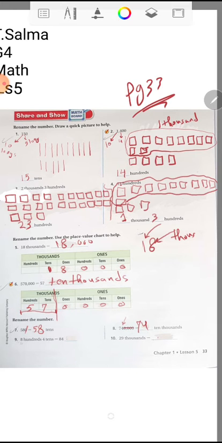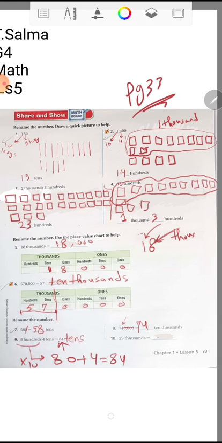Now let's rename this 800s in tens. It will be 84 tens. Why? Because you have to mention the first digit, as we said. Since we move from hundreds to tens, you multiply by 10, so it will be 80 plus 4, which is 84.